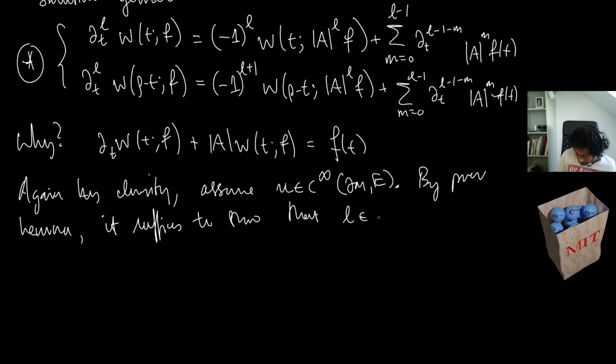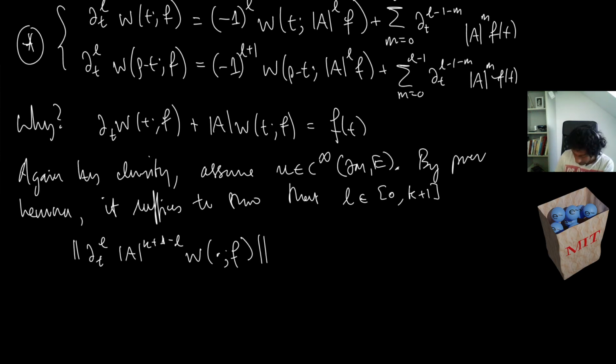that when L is in 0 to k plus 1, partial t L modulus a k plus 1 minus L W F in L2 Z rho bar is bounded by the HK norm of Z rho closure rho bar.